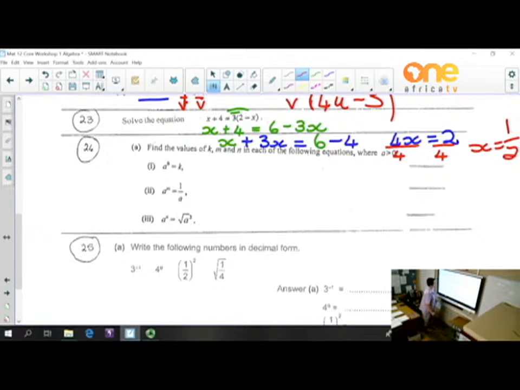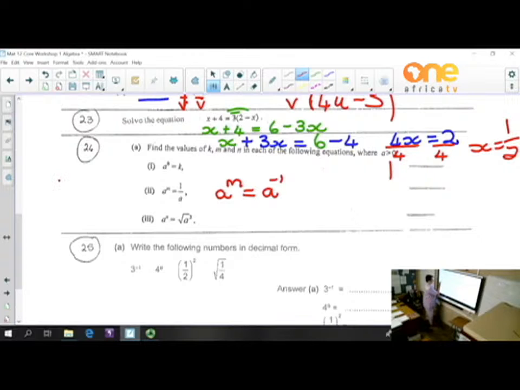Remember, you divide with a coefficient, so x is a half. X is a half. The next is about indices again. Find the values of k, m, and n in each of the following ones. Anything to the power of 0 is 1. So the first one's answer is 1. Now look at this one. So a to the power of m is equal to a to the power of negative 1.